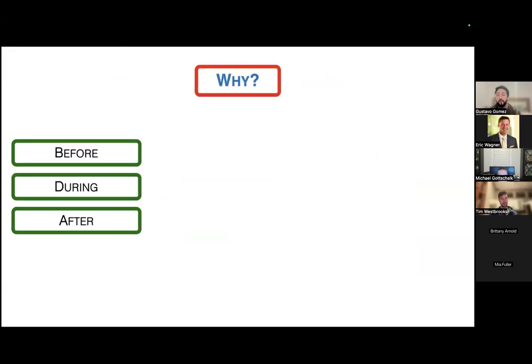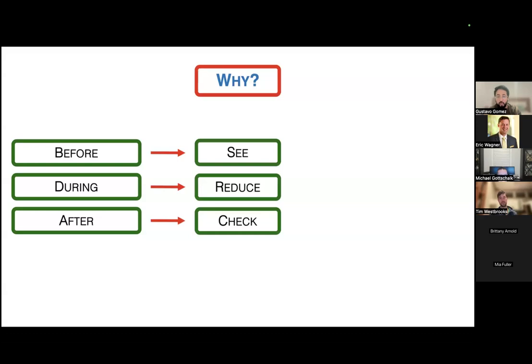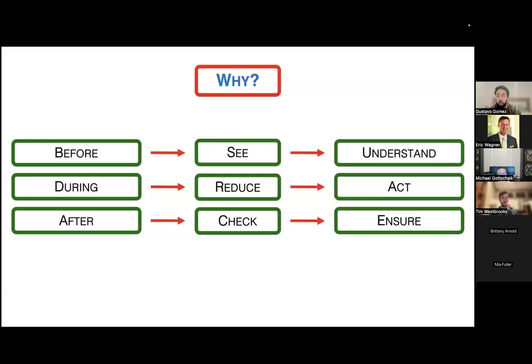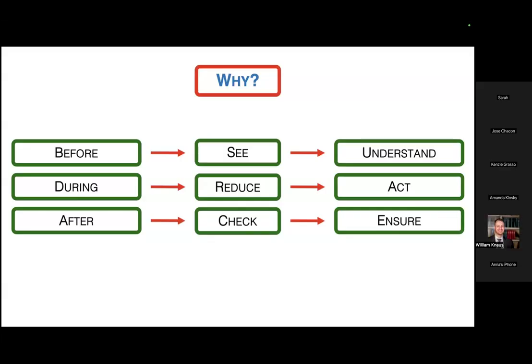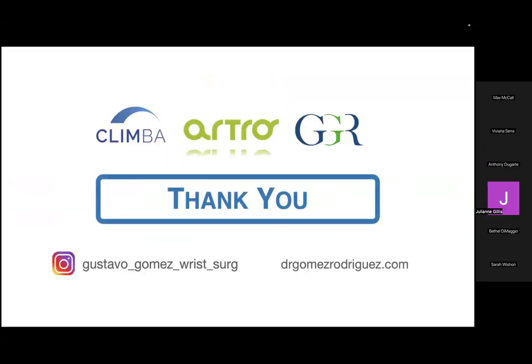So why do we perform arthroscopy? To see, to reduce, and to check, so we can understand, we can act, and we can be sure that we are doing the best for our patients. Thank you very much.